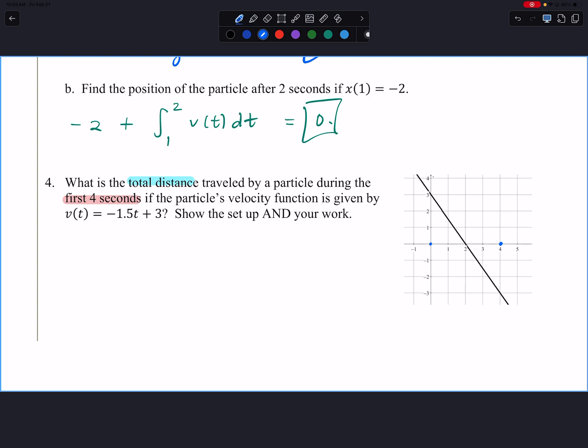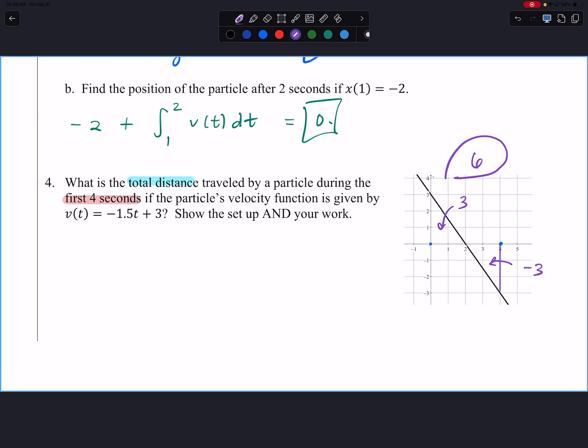So if you guys do the math, this is 3. This area right here is negative 3. But if I take the absolute value of this triangle, do you guys agree that this is actually positive 3? So if I added the total distances together, what's 3 plus 3? 6.